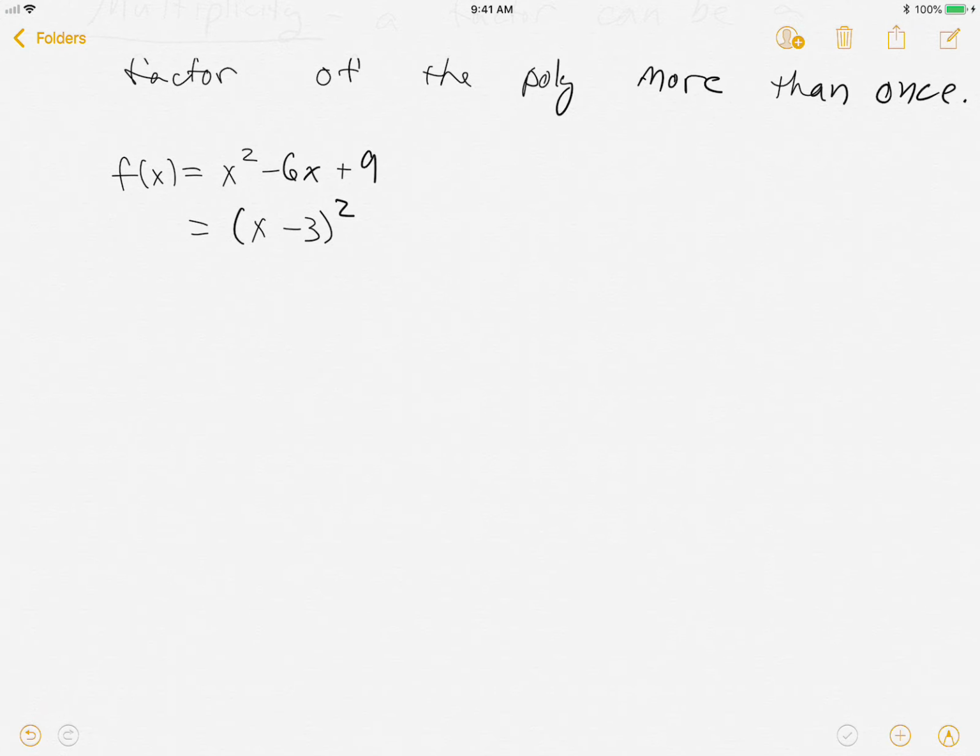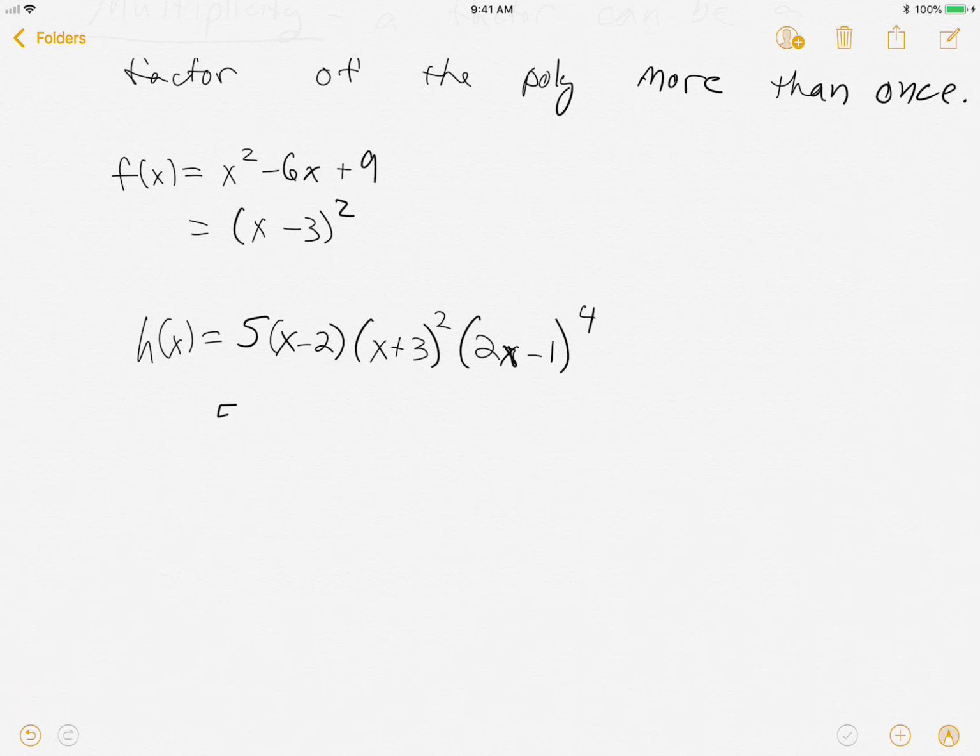Let's say I have h of x is equal to 5 times x minus 2, x plus 3 squared, and then 2x minus 1 to the 4th. What are the zeros and what are their multiplicities? Well, again, to find the zeros is where the whole thing is set equal to 0.